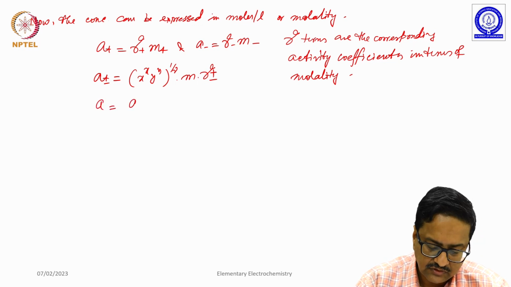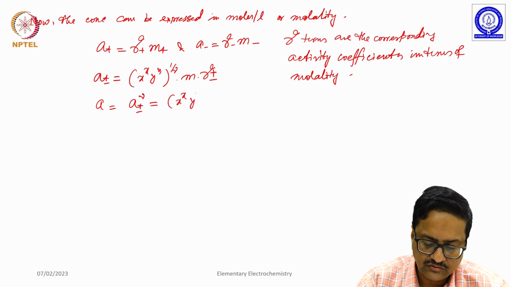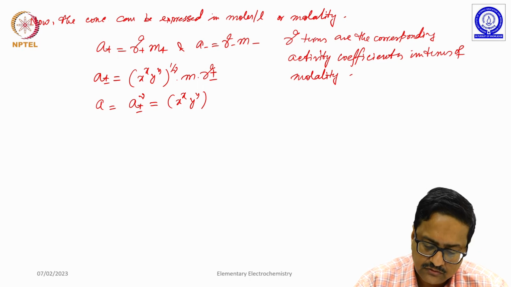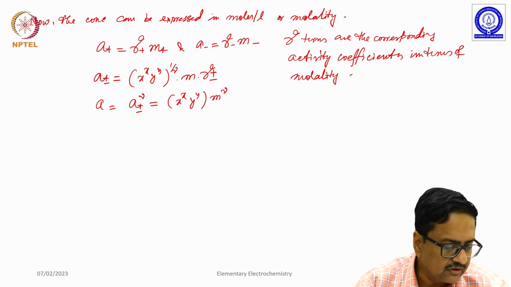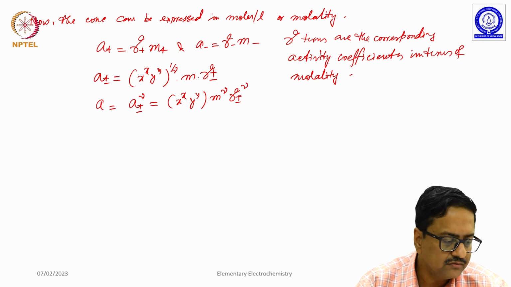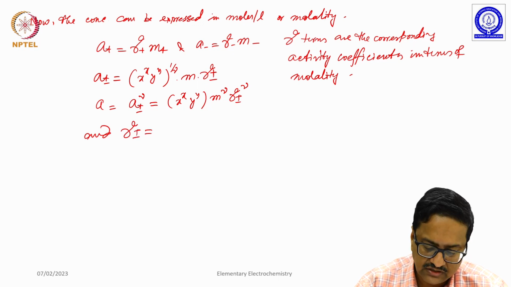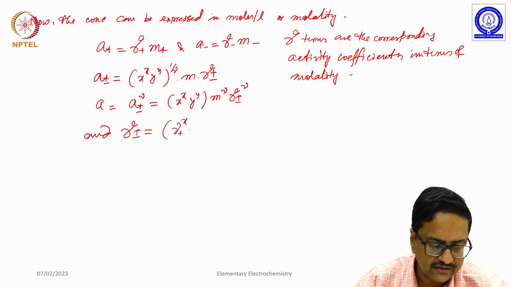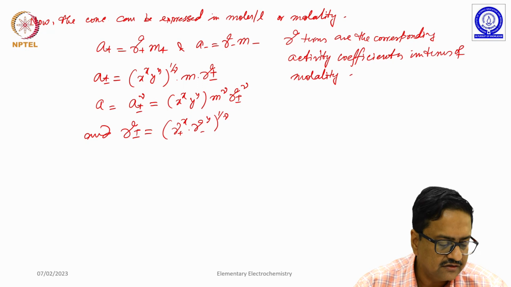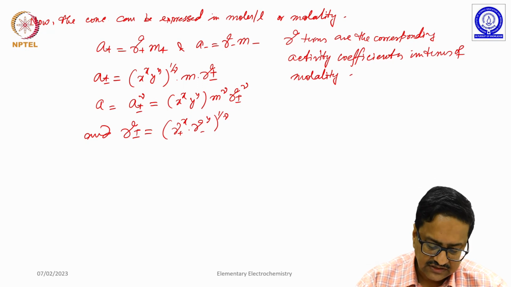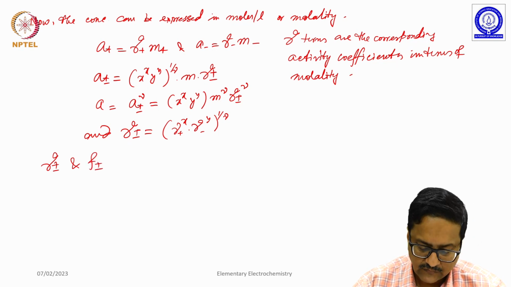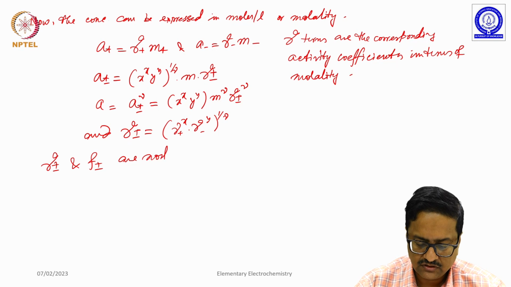A equal to A plus minus to the power nu, which is equal to x to the power x, y to the power y into m to the power nu gamma plus minus to the power nu, and also gamma plus minus is equal to (gamma plus to the power x, gamma minus to the power y) whole to the power 1 by nu. So these terms gamma plus minus and f plus minus are not same.